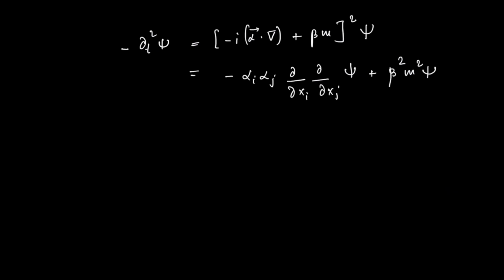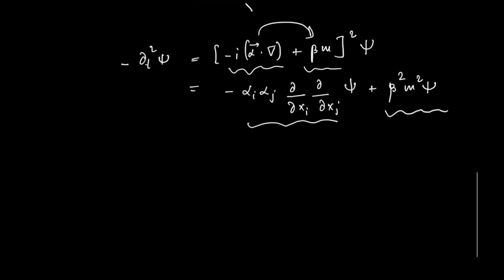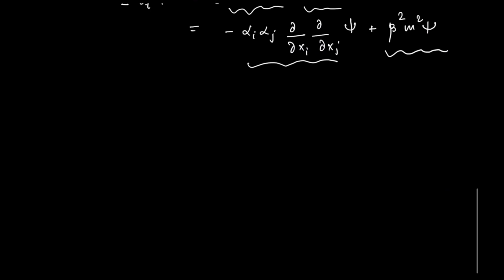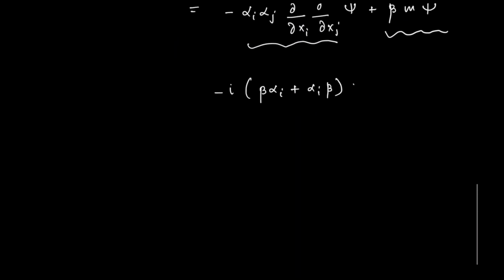Then there will be cross terms. So first I have written the first term squared, right, and the second term squared is this term. Now I have to take the cross terms. So cross terms will be minus i, then beta alpha i plus alpha i beta, then m will be there and the partial derivative.